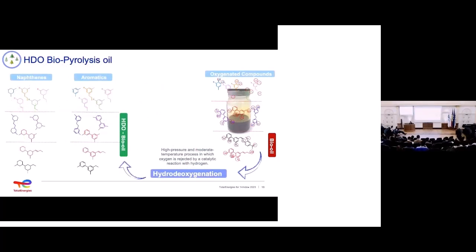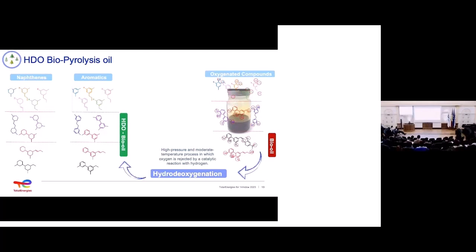As an example, hydrodeoxygenation. Hydrodeoxygenation is a process that uses temperature, pressure, hydrogen, and a catalyst to remove the oxygen from the compounds and to increase the amount of hydrocarbons such as aromatics, naphthenes, paraffins, and isoparaffins.